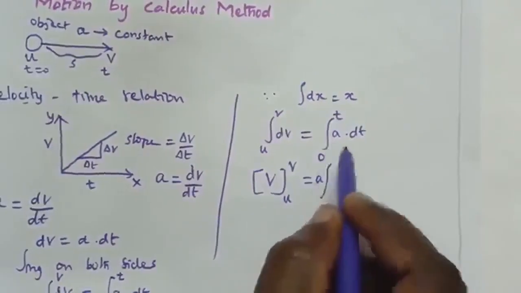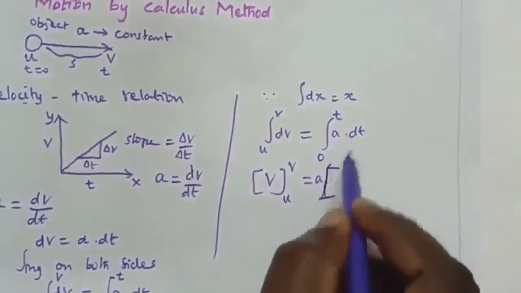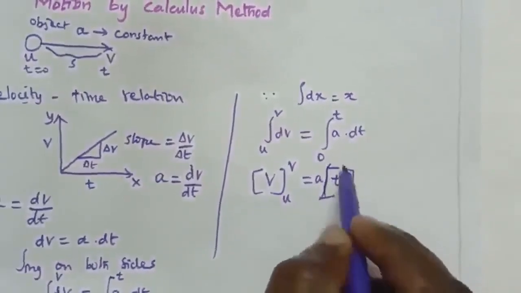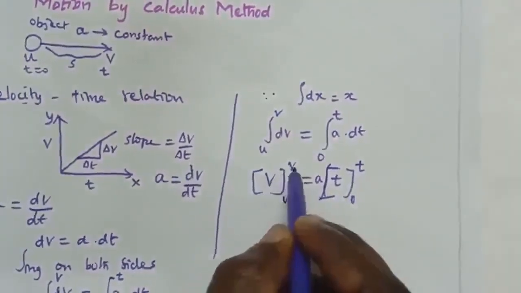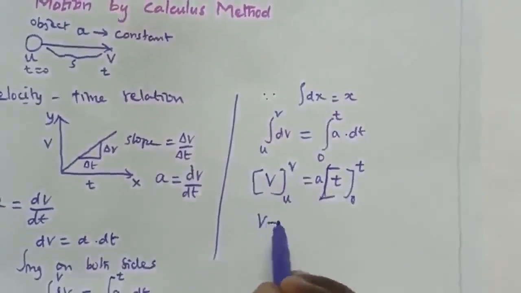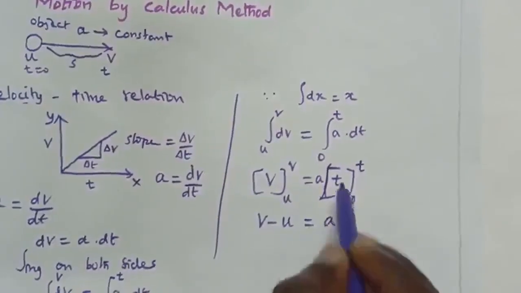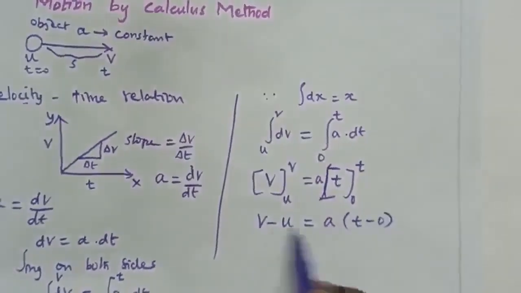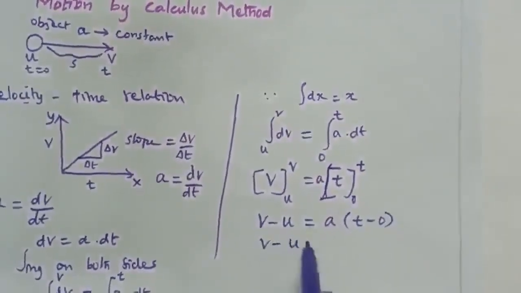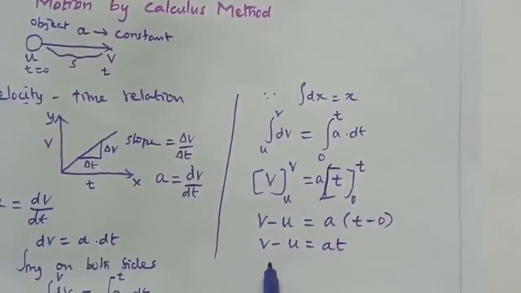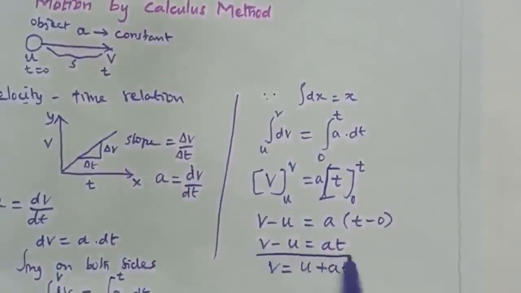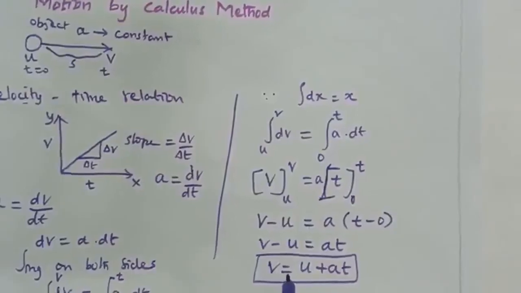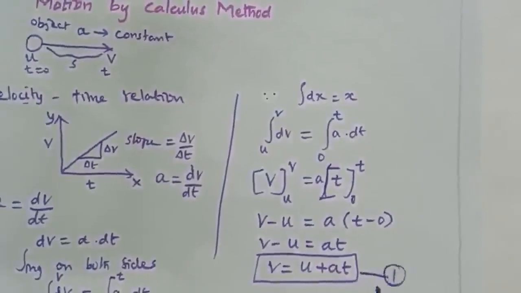The integration of dt is t, from 0 to final time. Putting in the limits, v minus u equals a t minus 0, therefore v minus u is equal to at, and finally v is equal to u plus at. This is called a kinematic equation. This is the first relation derived, equation number 1.